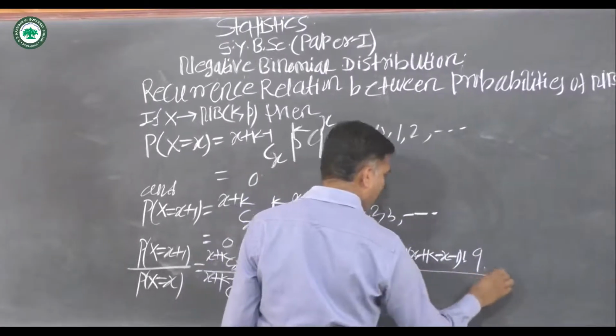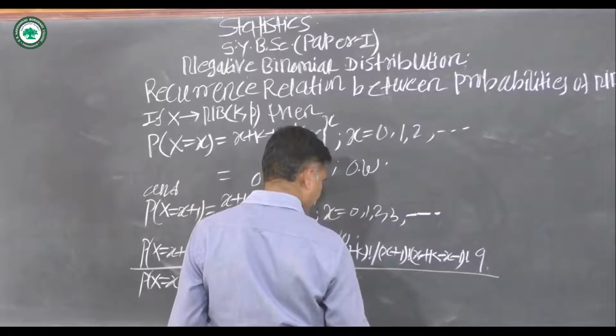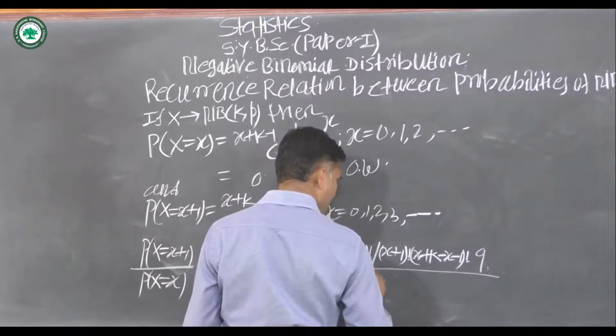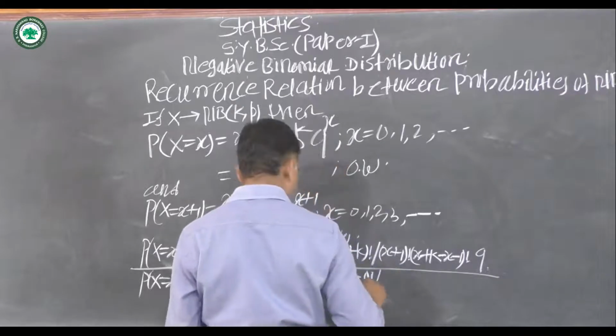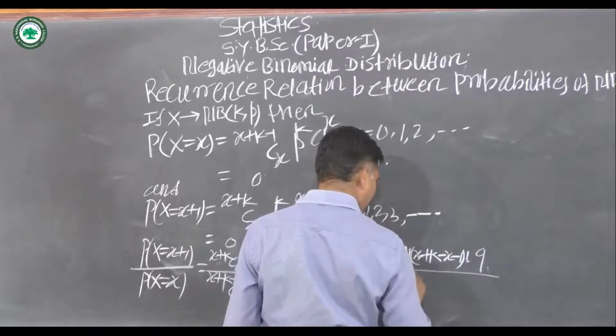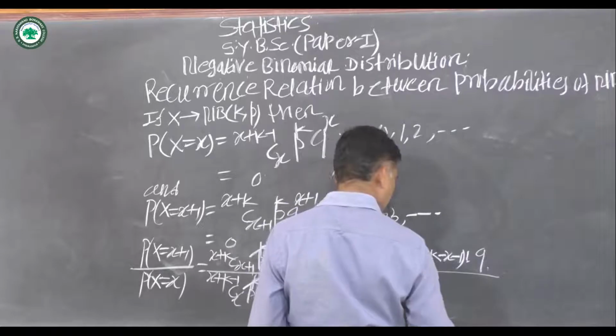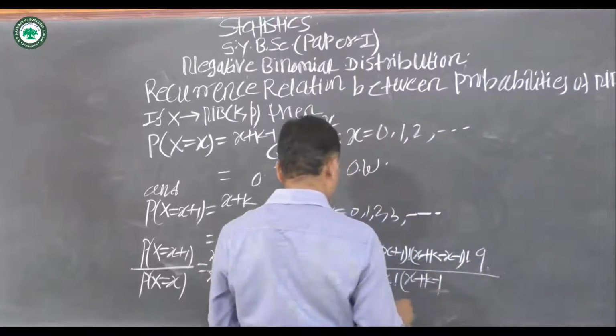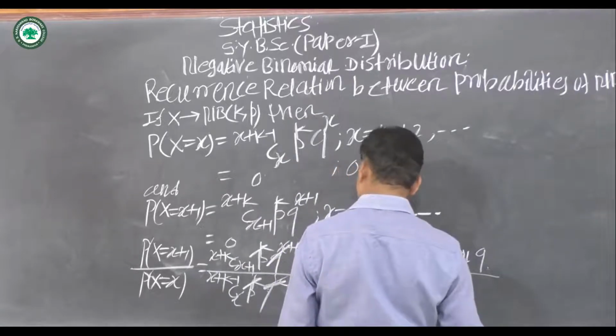This divided by x plus k minus 1 factorial divided by x factorial into in bracket x plus k minus 1 minus x factorial.